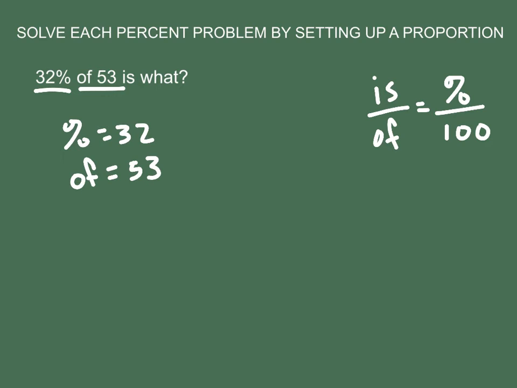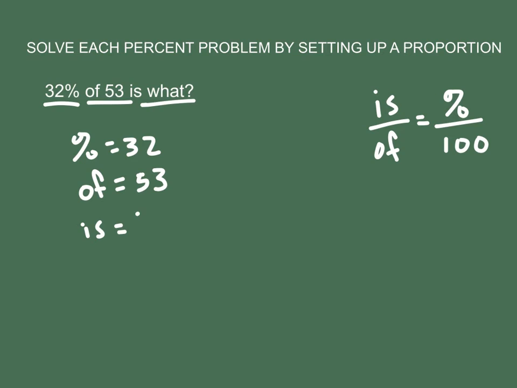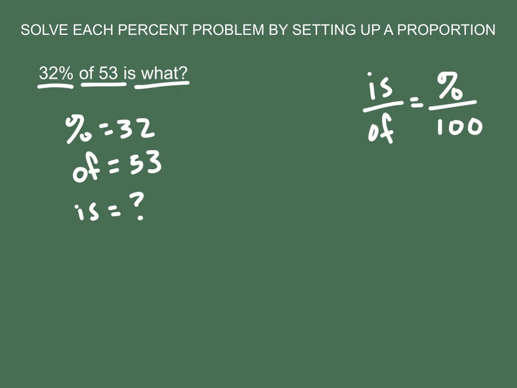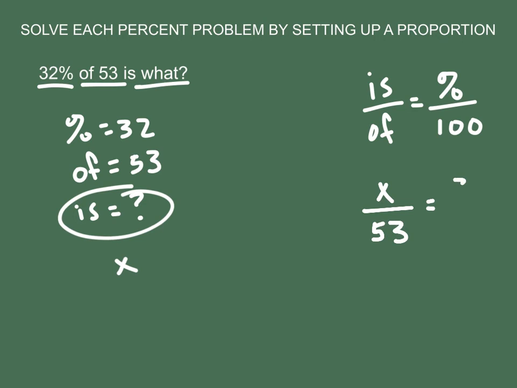Since we don't know what is, I'm going to assign that a variable x. So x divided by of, which is 53, is equal to 32% out of 100.